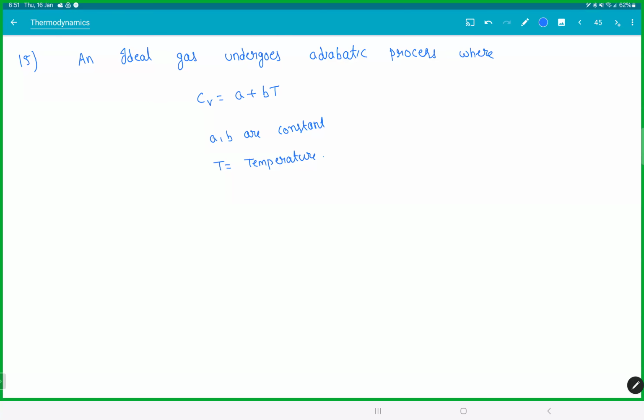This kind of situation can occur. Again, this is just for discussion. Let's say you take a container having oxygen gas. Now, as temperature rises, what will happen?